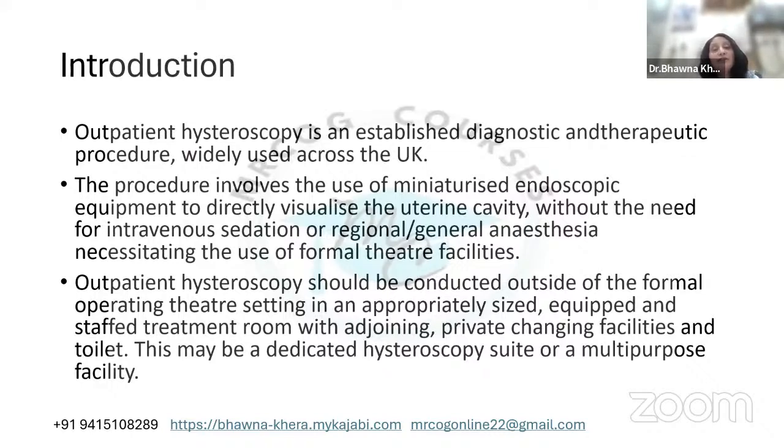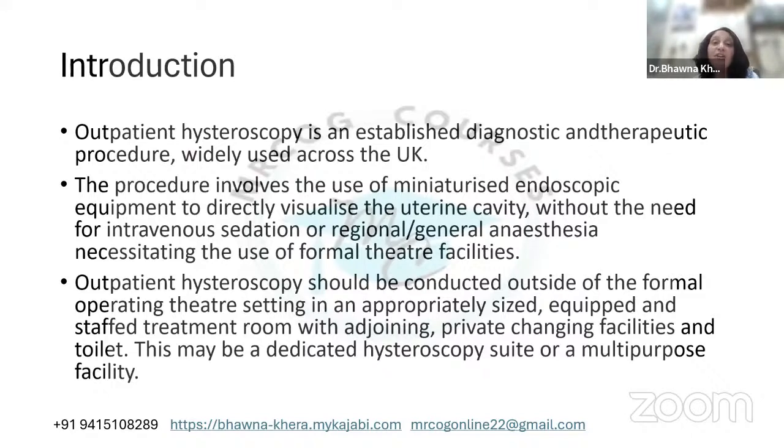Therefore, the guideline recommends that outpatient hysteroscopy should not be conducted in the formal operation theater, because if you do so, the purpose of doing the hysteroscopy is largely defeated. So you want to stay outside the hospital. And of course, it's a minimally invasive surgery. That is always the advantage.